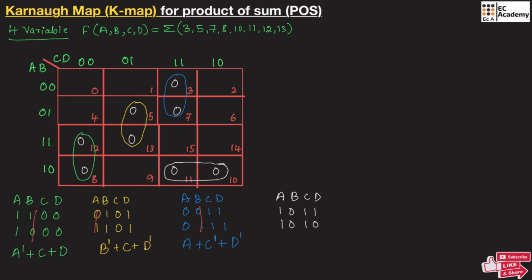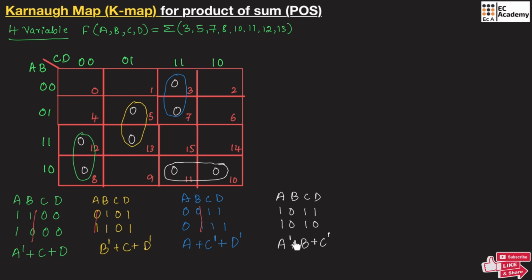That's why we can cancel out this D and we are left with A and C with the value 1 and B with the value 0. So we can write A dash, B and C dash. In between these variables, let us perform OR operation. So it will be the sum of the variables.